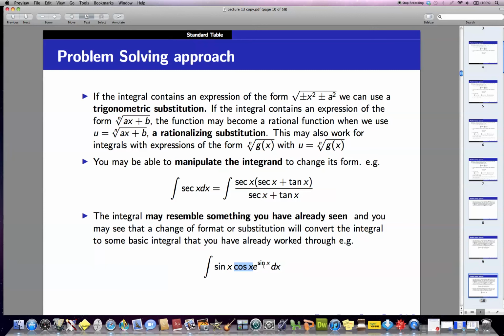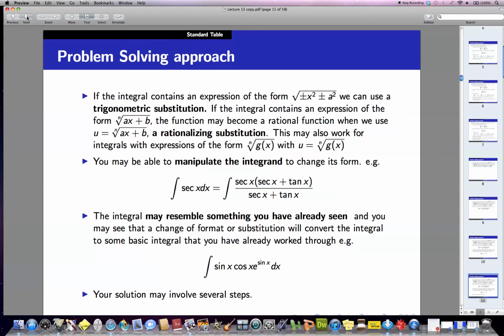First we try the substitution u equals sine of x, and we have du is cosine x dx, and then we end up with the integral of u times e to the u du, which of course we can use integration by parts for. So the moral of that story is that your solution may involve several steps and more than one method.